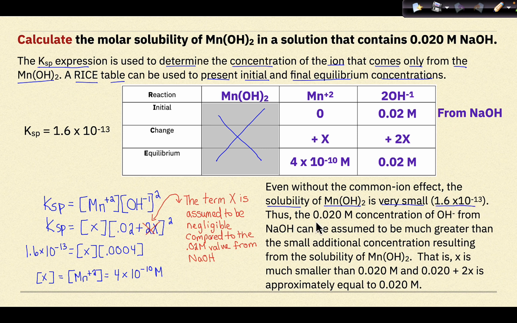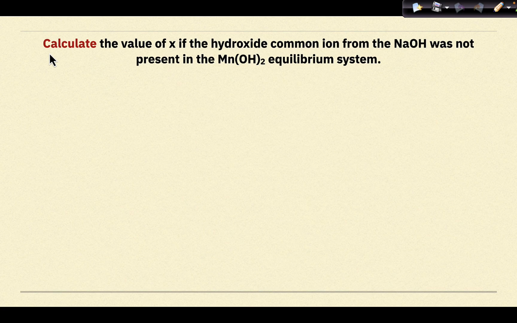Thus, the 0.020 molar concentration of hydroxide from the NaOH can be assumed to be much greater than the small additional concentration resulting from the solubility of Mn(OH)2. That is, X is much smaller than 0.020 molar, and 0.020 plus 2X is approximately equal to 0.020 molar.